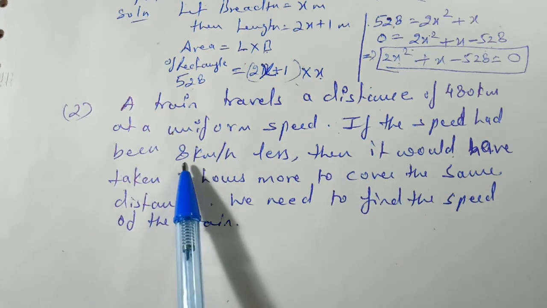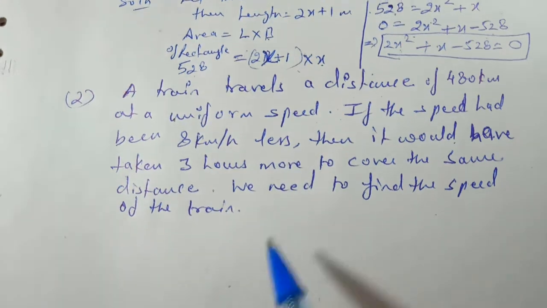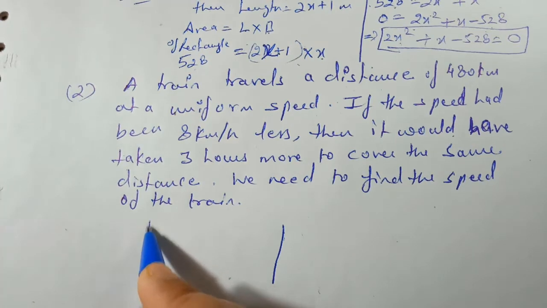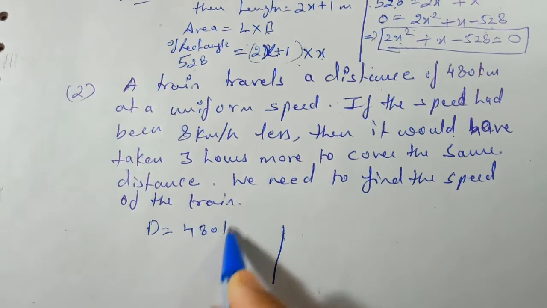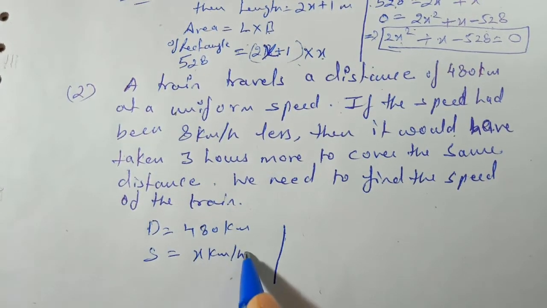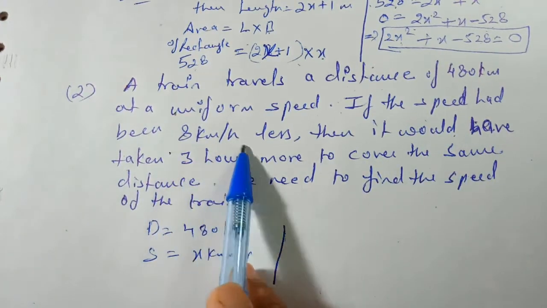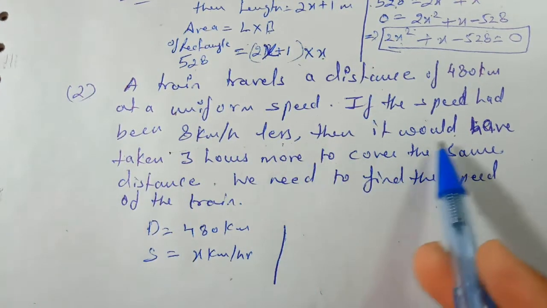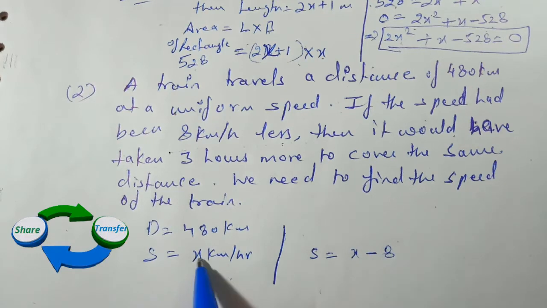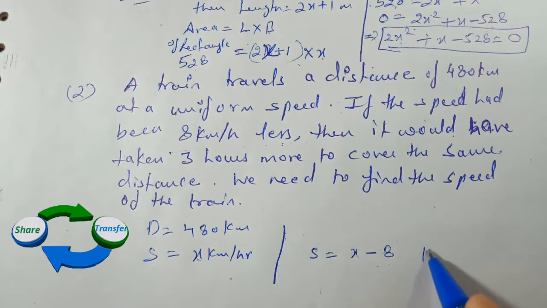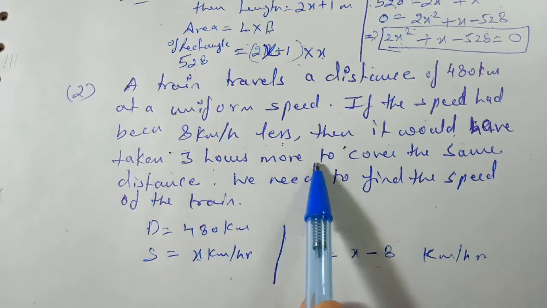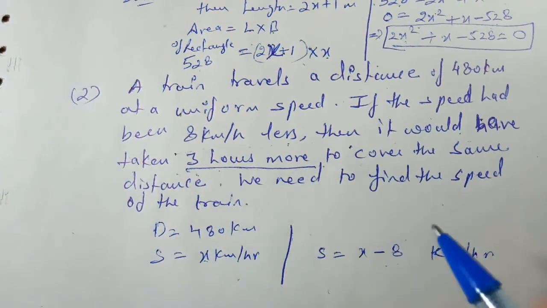If the speed had been 8 km per hour less, it would have taken 3 hours more to cover the same distance. Speed we don't know, so let its speed be x km per hour. If the speed is 8 km per hour less, it means from the original speed we subtract 8 km per hour.